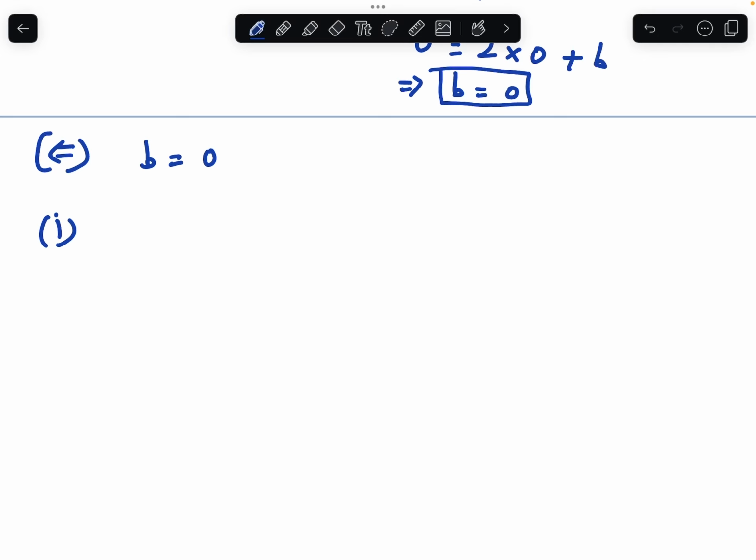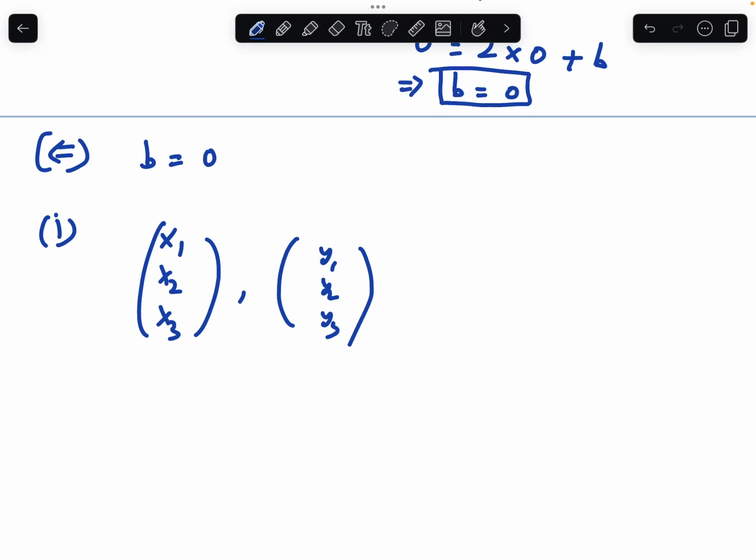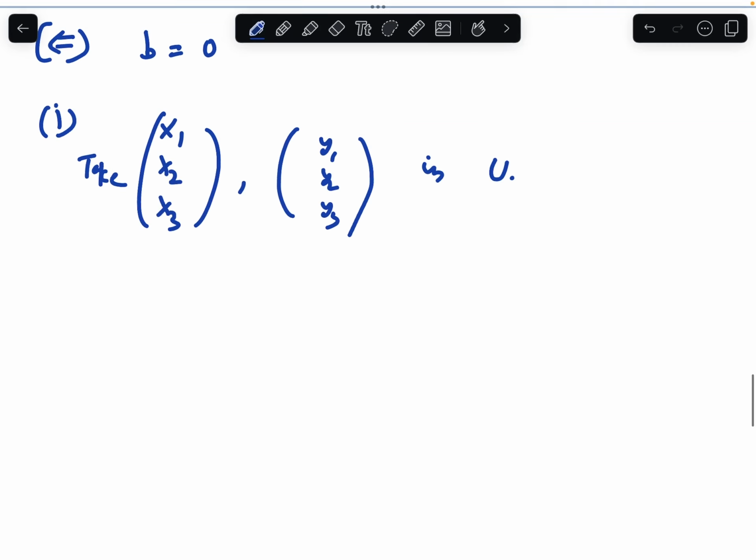For that, what we do is we take two elements, say x1, x2, x3, and y1, y2, y3. So take x1, x2, x3, and this another element in Q, right?